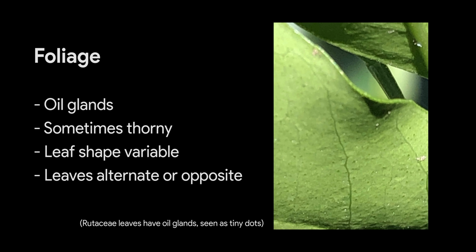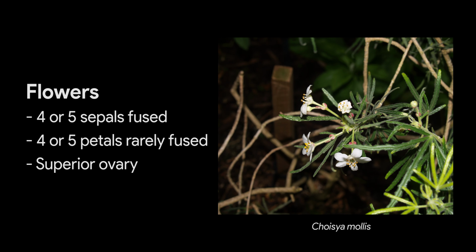Rutaceae leaves have oil glands in them, and when they're crushed, they usually are aromatic. Some species can have prickles or spines. Otherwise, the foliage can vary a lot in shape and arrangement on the stem. The flowers may have either 4 or 5 petals and 4 or 5 sepals.